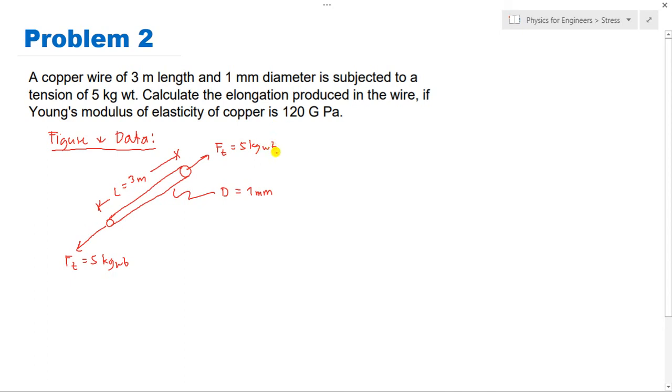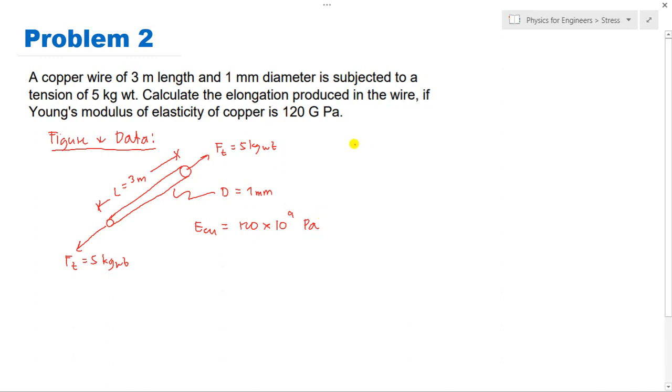Okay. Calculate the elongation produced in the wire if the Young's modulus of elasticity of copper is 120 gigapascal. So E for copper, Cu, is equal to 120 gigapascal. In terms of pascal, we are going to multiply it by 10 to the power of 9 pascal. Sakto ba, Mr. Pagas? Ang gigapascal kay to the 9.